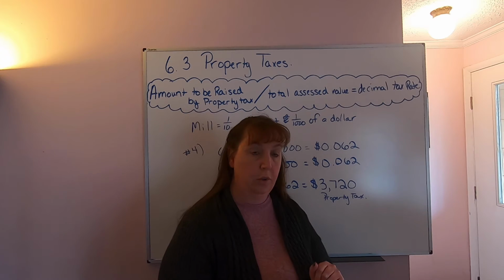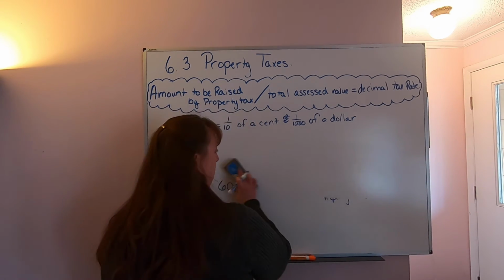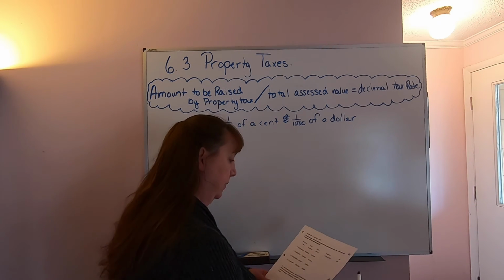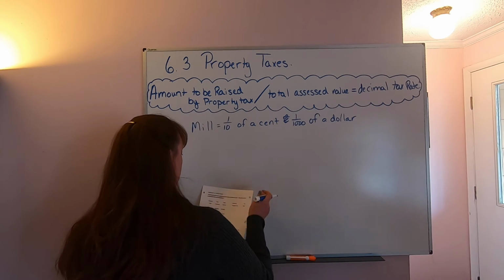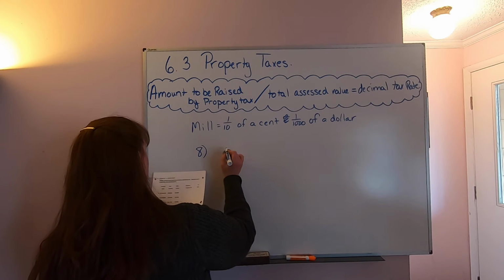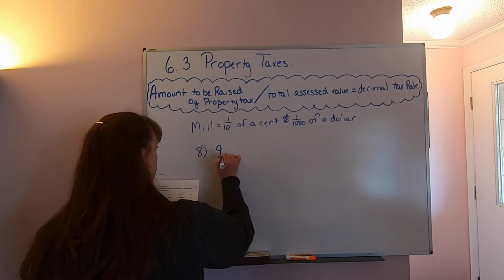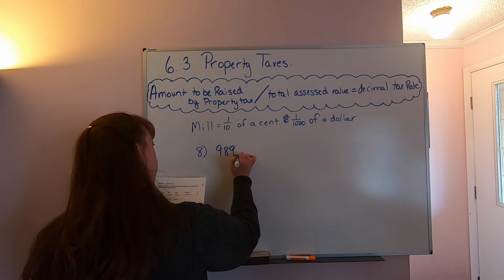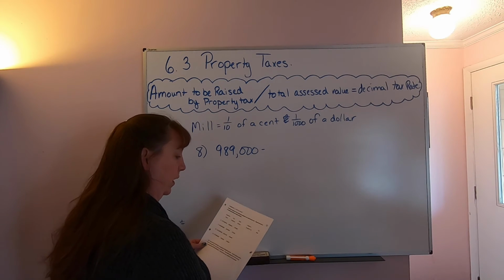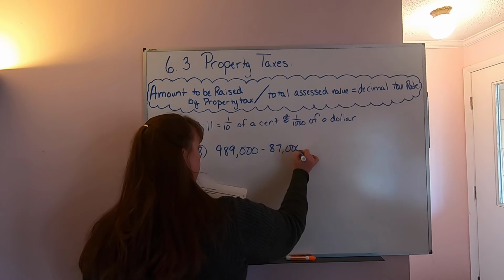So what you need to do first is take the total expense, and subtract it. So we're doing number 8. You're going to take the total expense, which is the $989,000, and subtract from that the other income, which was the $87,000.